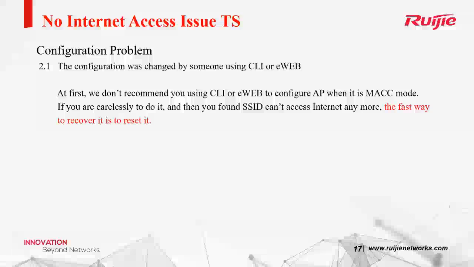Sometimes someone will change your configuration using CLI or EWEB. At first, we don't recommend using CLI or EWEB to configure the AP when it is MACC mount. If you carelessly do it and then find the SSID can't access the internet anymore, the faster way to recover is to reset the AP.